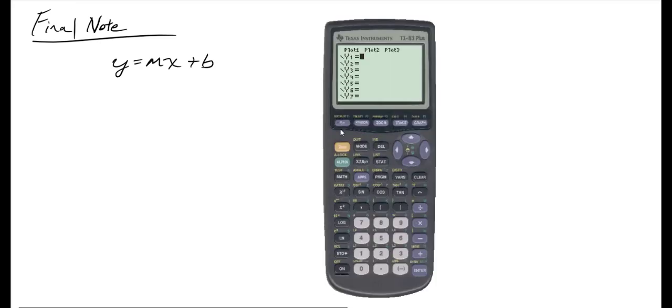Okay, so just a final note about calculators and graphing. Today we graphed equations of the form y equals mx plus b, and we said these are going to be the graph of lines. Notice on a TI calculator it's set up so that it says y equals. So the only types of equations you can graph on a TI would be those that are solving for y.